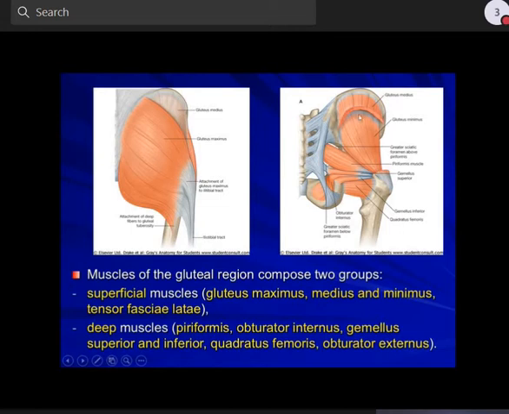Because of a completely different function of their anterior and posterior parts, these two muscles are called muscles of dance.